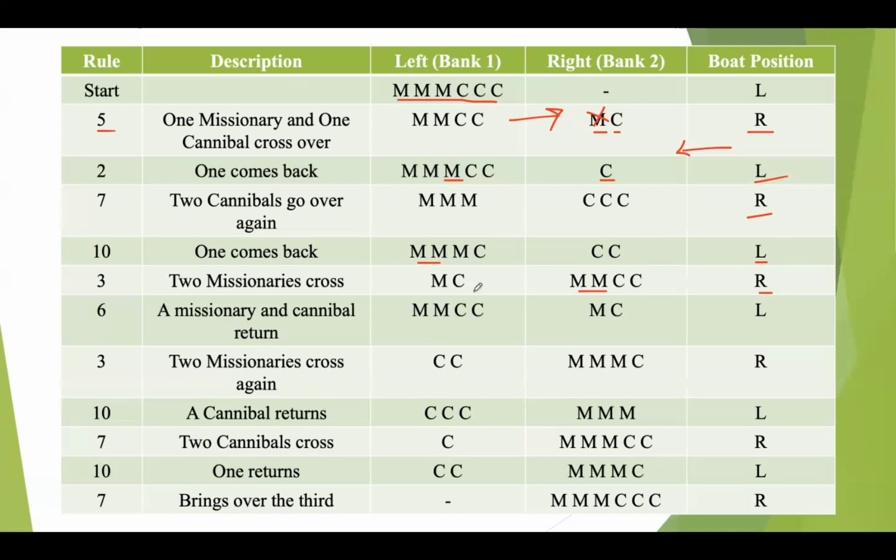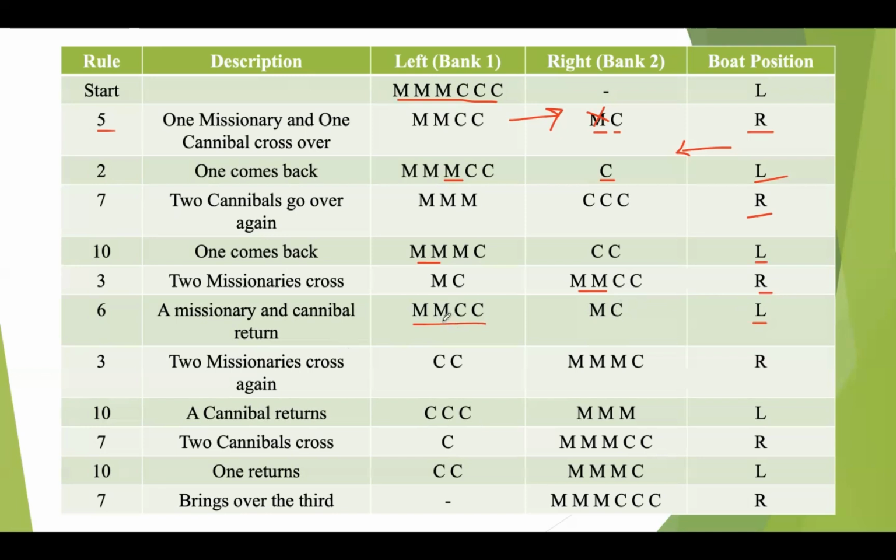And now, while coming back, a missionary and a cannibal will return. So one missionary and one cannibal will return on the boat while moving from right to left. So there are 2 missionaries and 2 cannibals towards the left side, and there will be only one missionary and one cannibal towards the right side of the river, and the boat is towards the left side.